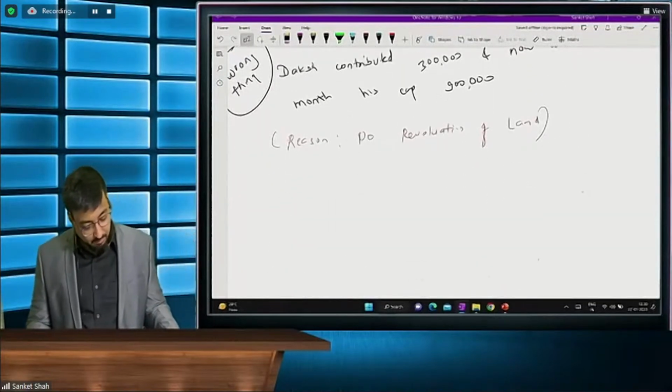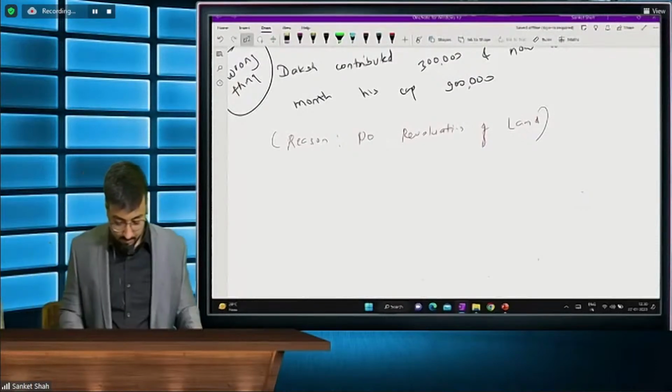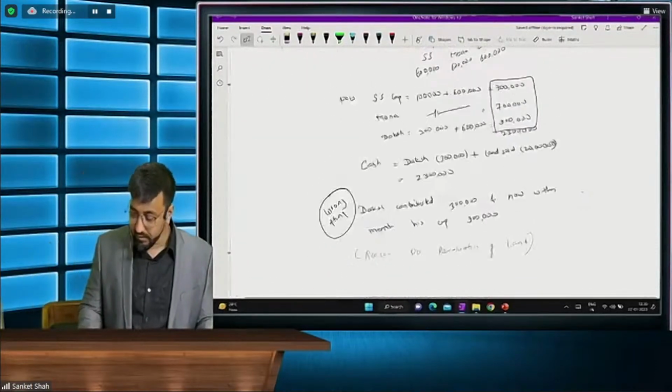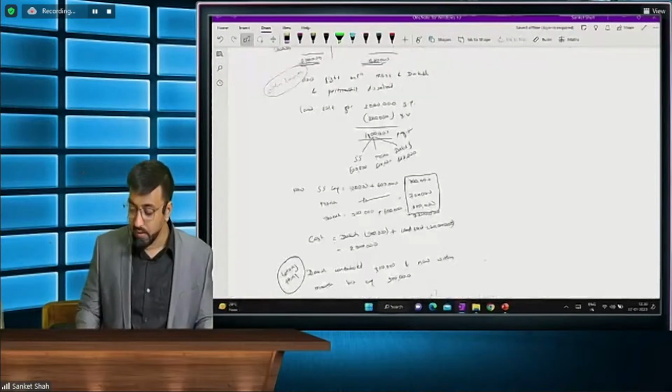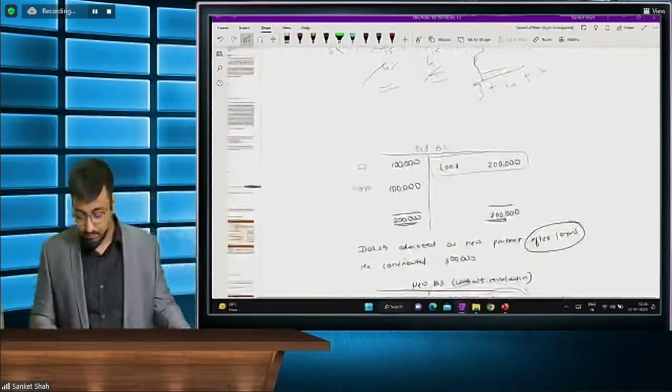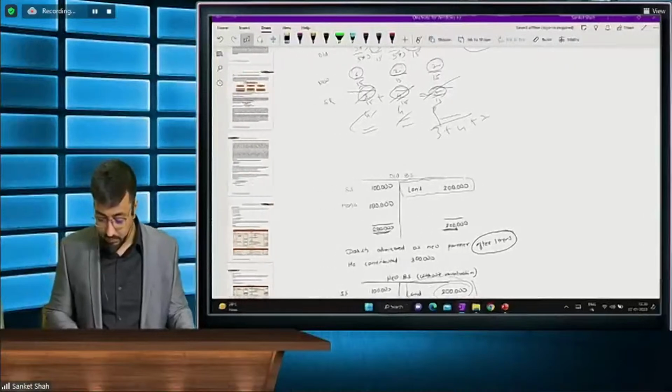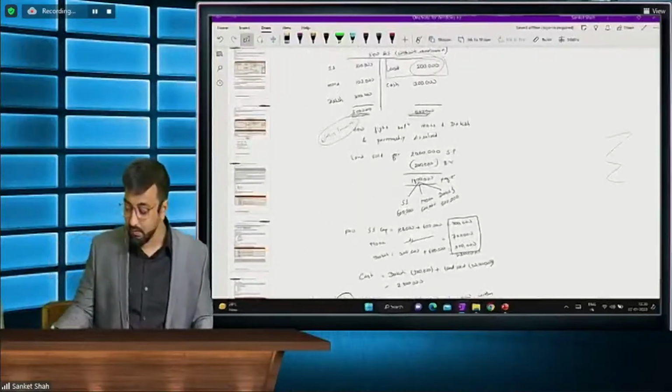Revaluation is a temporary account. Okay, so now there are two methods of revaluation. So write down. Have you written this story, beta?